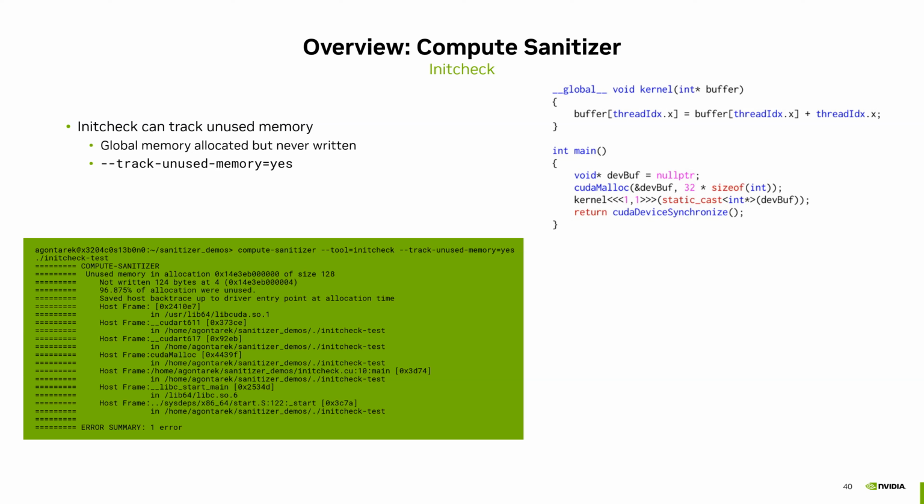We're allocating 32 ints, but we're only going to use one of them, so the tool is able to say, oh, you have unused memory in the allocation at this address of size 128. We didn't write 124 bytes. So that's 96.875% of our allocation went unused. This can be really useful if you're running into memory limits on your GPU device and you want to figure out how to cut down on memory use. You can use this tool to do so.